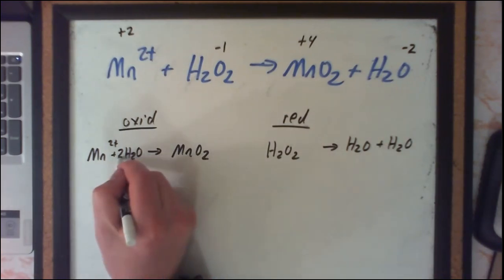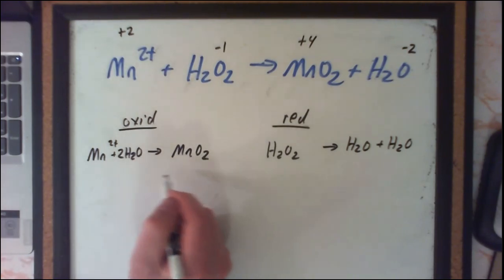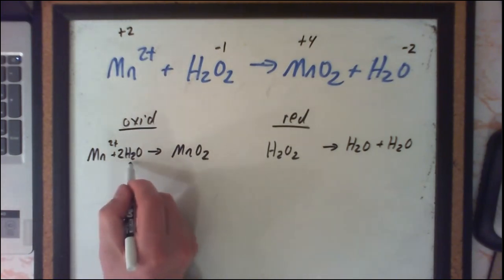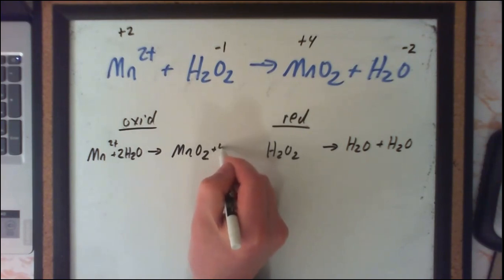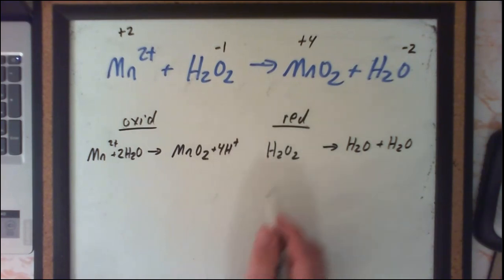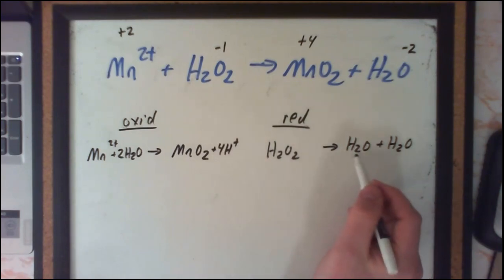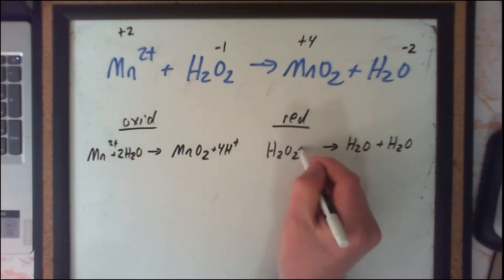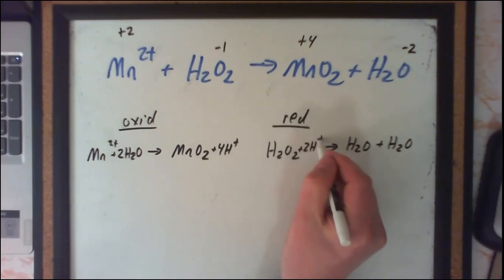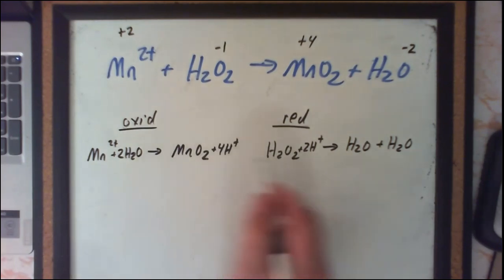Next step is to mass balance the hydrogen atoms by adding hydrogen ions. 4 hydrogen atoms to 0, so I add 4 hydrogen ions. We have 4 hydrogen atoms versus 2, so I need to add 2 hydrogen ions. So at this point, these two half reactions should be mass balanced completely.